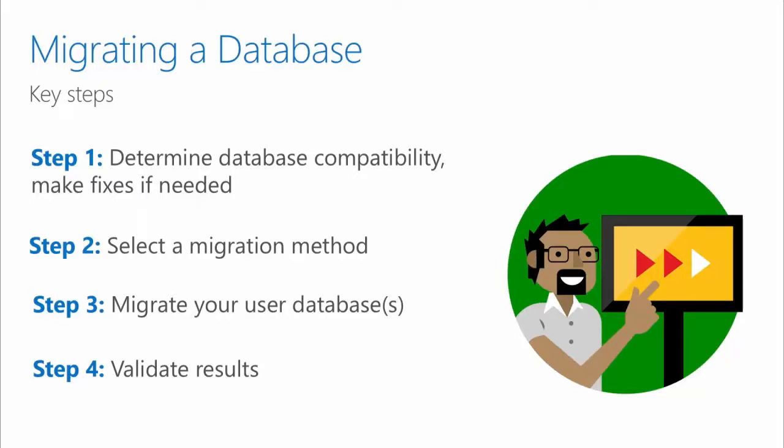If you're going to Azure SQL Database, you do need to test for compatibility. Normally you're going to use Visual Studio data tools to determine compatibility. And once you've figured out if you have compatibility issues, you're ready to determine how you're going to migrate. Your migration method will determine how much downtime you have, and basically you have to get your data from on-prem to the cloud.